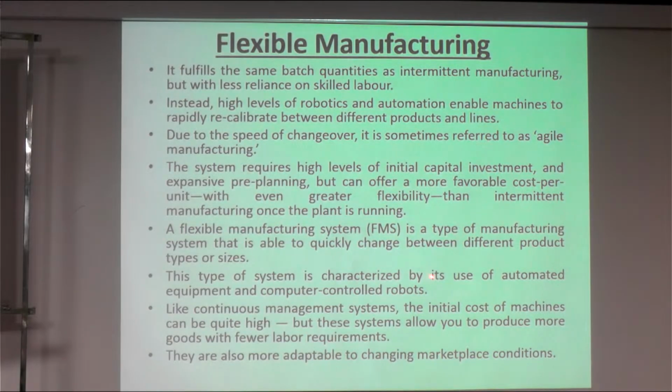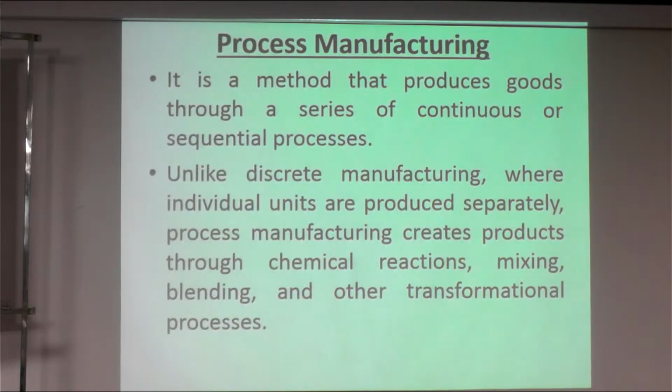This type of system is characterized by its use of automated equipment and computer controlled robots. Like continuous manufacturing system, the initial cost of machines can be quite high, but these systems allow you to produce more goods with fewer labor requirements. They are also more adaptable to changing marketplace conditions.